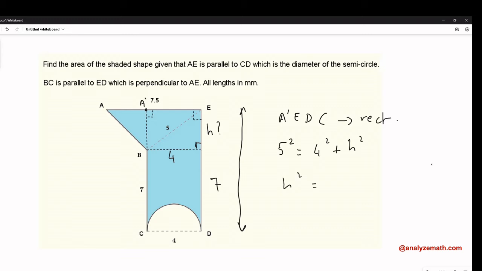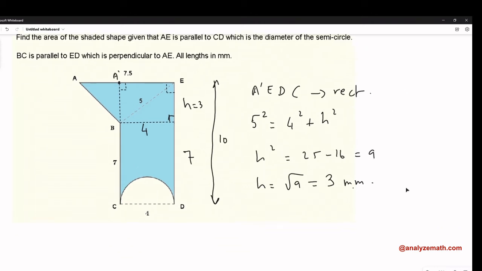That gives me H squared is equal to 25 minus 16, which is 9, and then H is equal to the square root of 9, and that gives me 3. The units are millimeters. Now we found that H is equal to 3, and therefore this whole side is 3 plus 7, which gives me a 10 here.